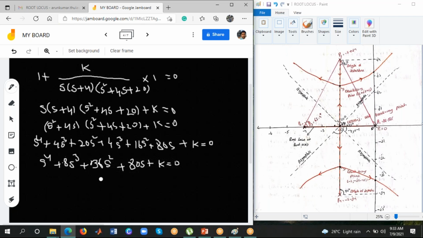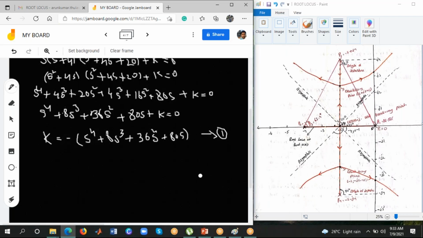So from this we need to find the K equation. K is equal to minus (s power 4 plus 8s cubed plus 36s square plus 80s). Now this is equation number 1.